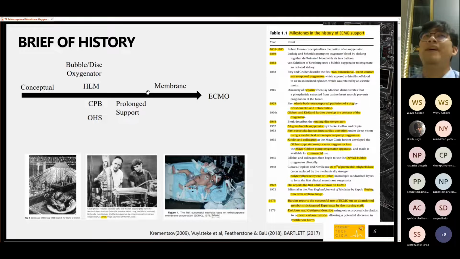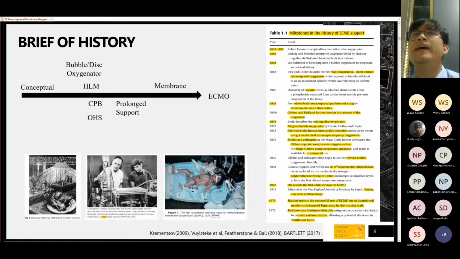However, because there is no membrane oxygenator, they didn't call this an ECMO, right? Because ECMO is extracorporeal membrane oxygenation. So at that time, they just used terms like prolonged support, prolonged CPB support, or something like that.